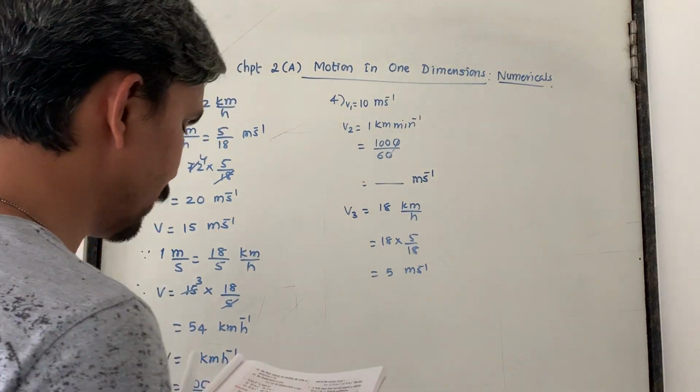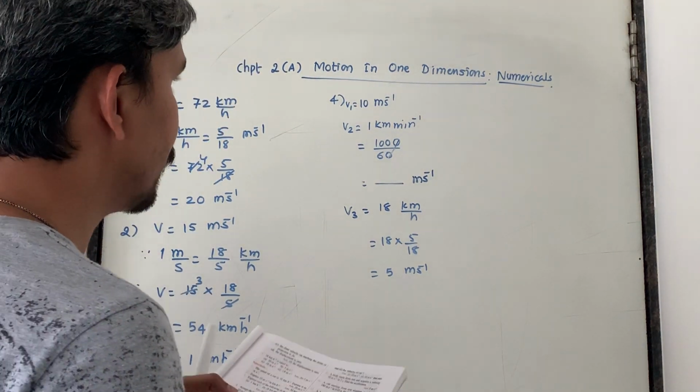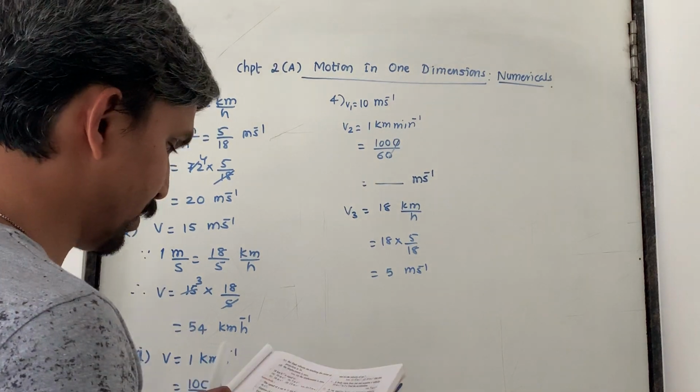Now arrange the following speeds in increasing order. Increasing order means it starts with the lowest, right?